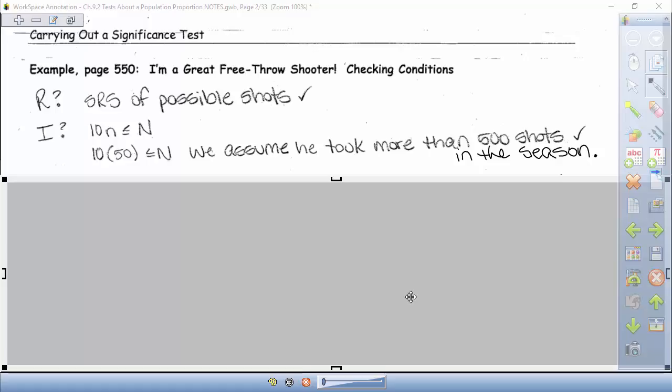Random, independent, normal. We're checking to see if it passes the normal condition. Many of you are thinking n greater than 30. That is a good thought, but not for this particular problem. It's a proportion problem. What's the other way we check for normality? Okay, but there's nothing in our calculator. You're right.